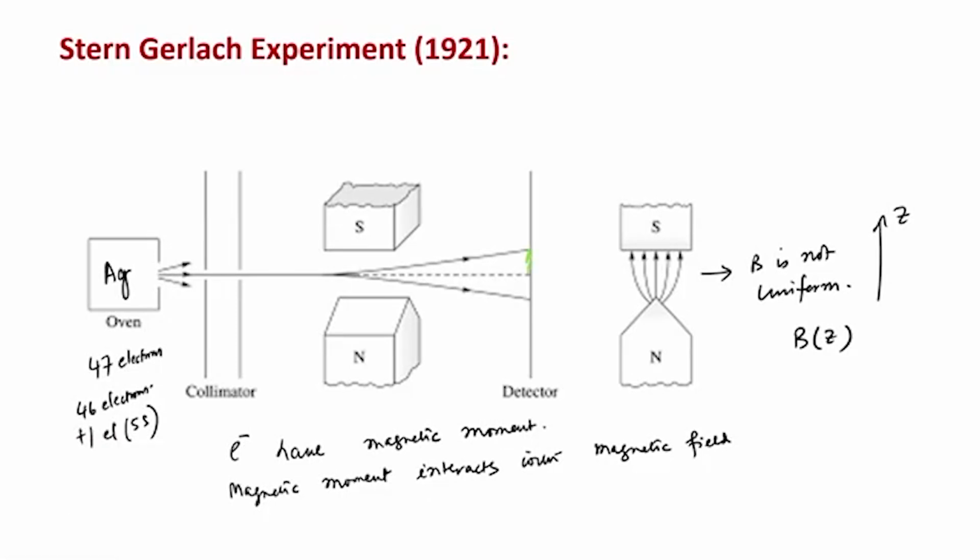So, you should get a patch of silver atoms on the detector or the screen. But what was seen experimentally is that there was no patch, and there are two sharp images. Let me again use another color, there are two just sharp spots that are observed, and this is observed experimentally and not the patch. So, this is not observed.